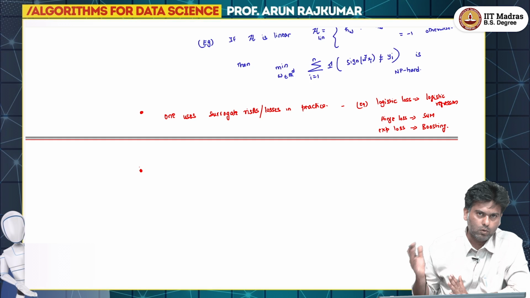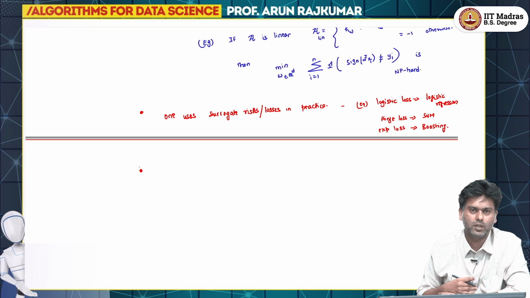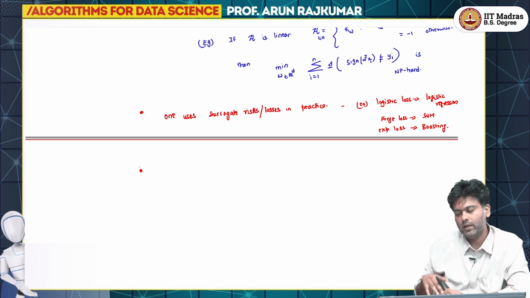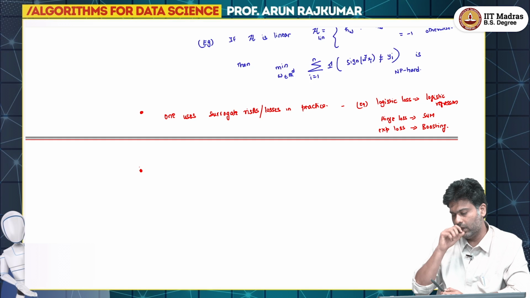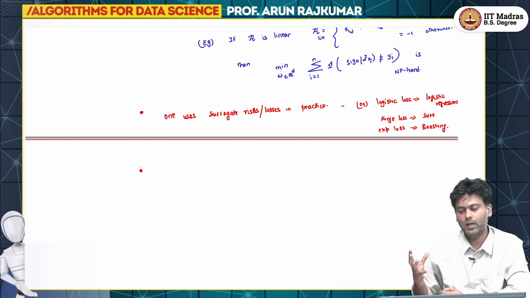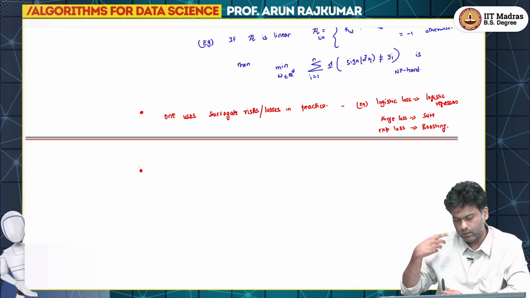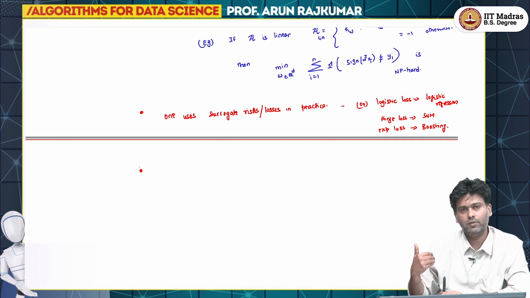So, we are not going to look at that in this course, but people do study that. In a proper statistical learning theory course, we would understand that we can take a class of loss functions and then ask when can I make statements about the estimation error of the classifier returned by minimizing this loss function.